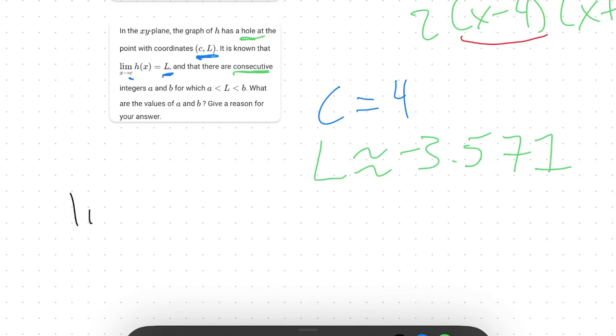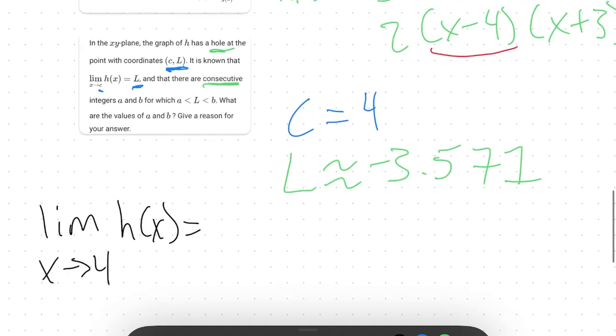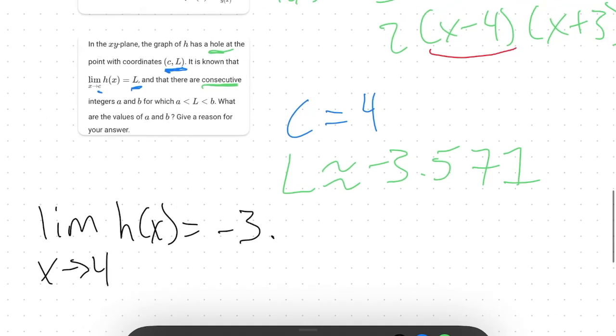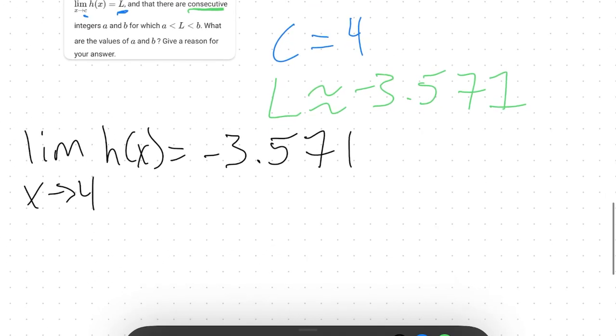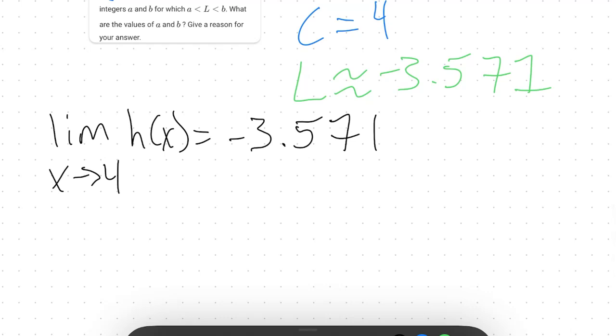This statement, the limit statement, as x approaches 4, h of x approaches negative 3.571. So now I have to find integers a and b. Okay? So the second part, I don't know what a and b is yet. I haven't tried. But I know L.